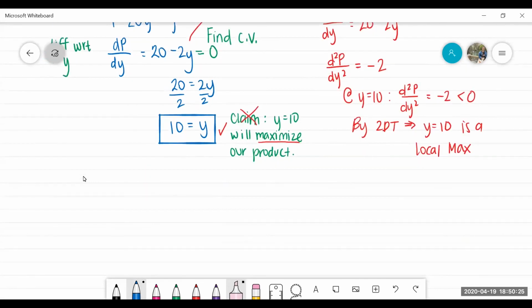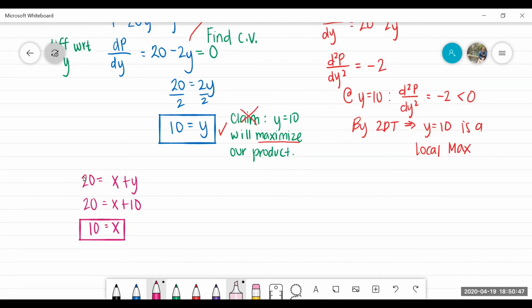So how do we find our other value? Well, that's where your constraint comes in handy again, right? Our constraint was x plus y. Well, we know 20 here, x here. We know y is 10, so that means that x also happens to be 10. Okay, and those are your two numbers.